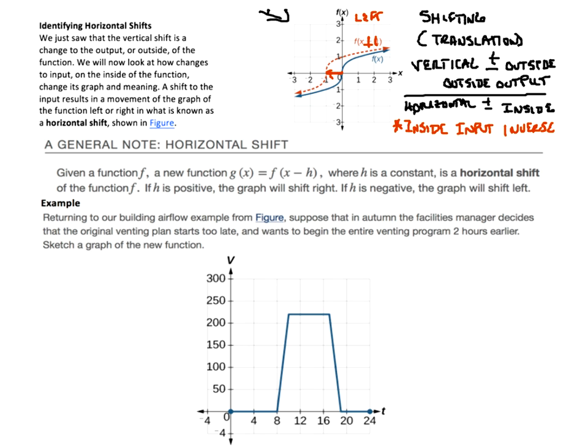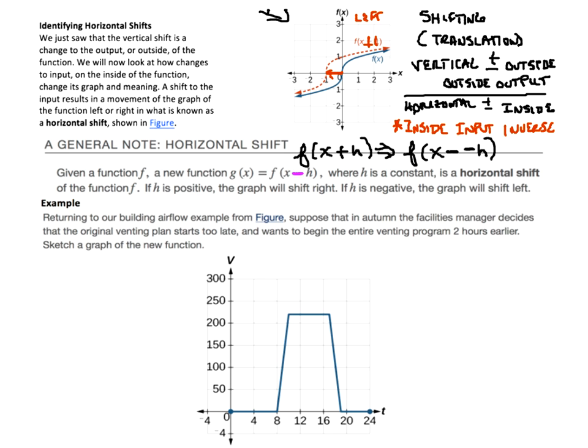If h is positive, okay, let me, oh, I can't believe they stated it like this. Notice that minus is in the form here. So when you see f of x plus h, you have to know that that came from f of x minus negative h. Minus is in the form, so that's negative h.